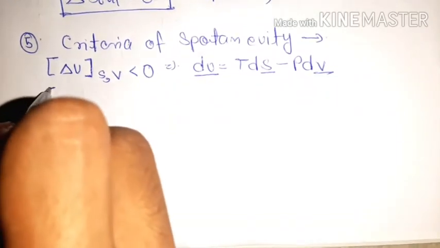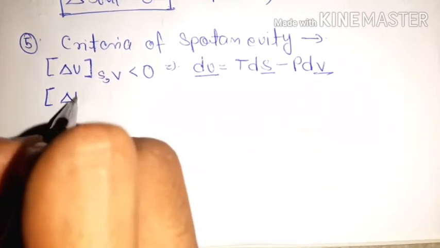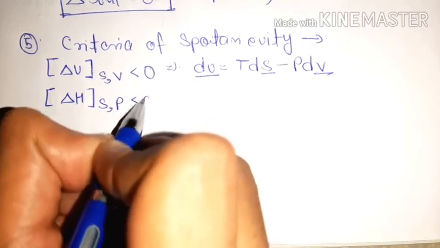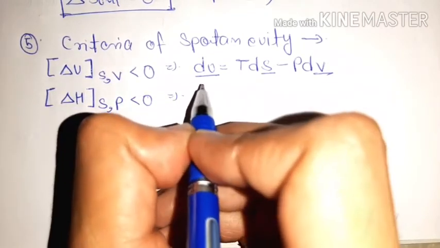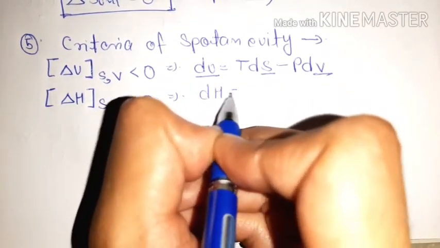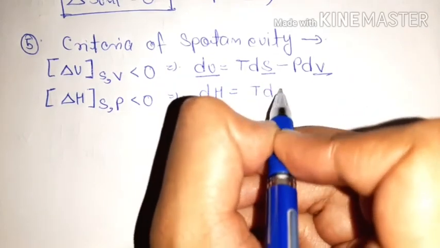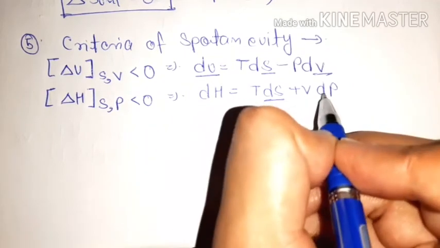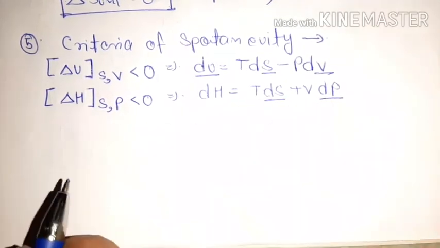Okay. The next criterion of spontaneity says that delta H at constant entropy and pressure is less than 0, and this comes from the fundamental equation dH equals TdS plus VdP. Here you clearly see constant entropy and constant pressure.